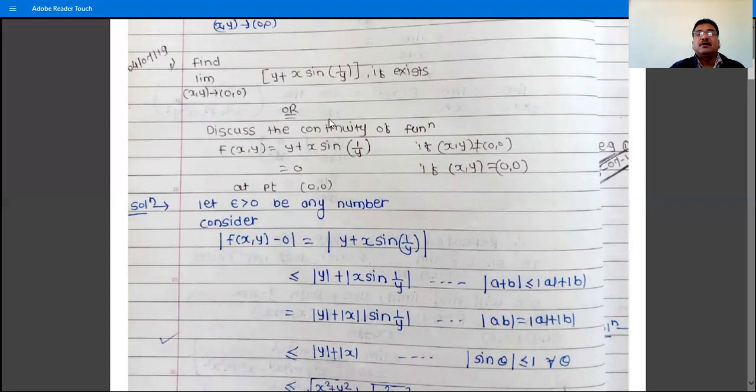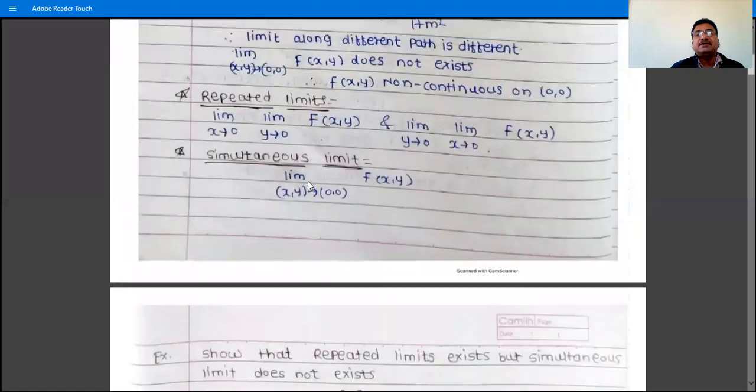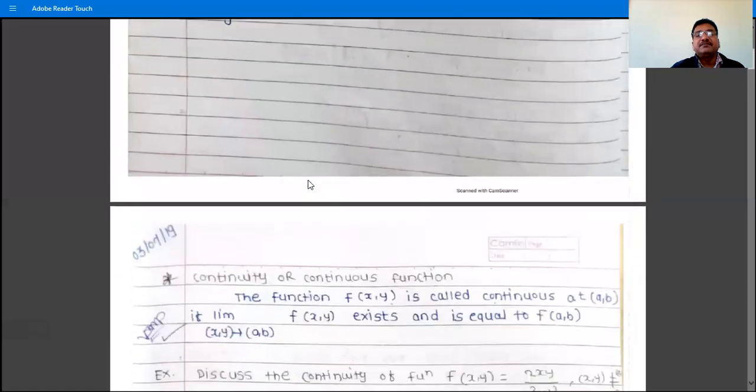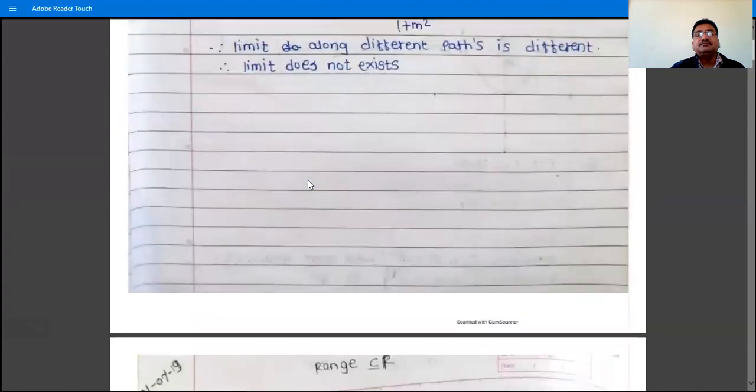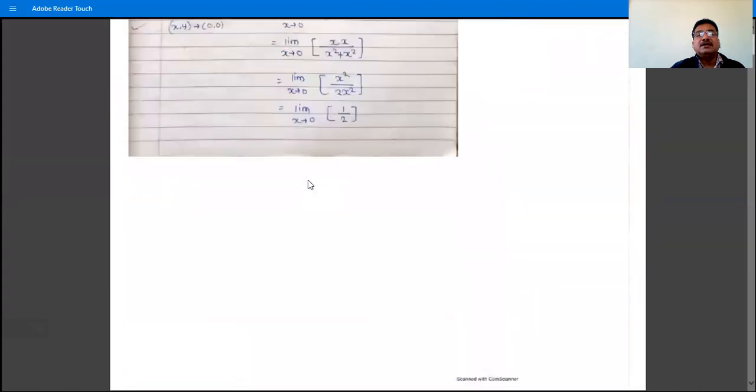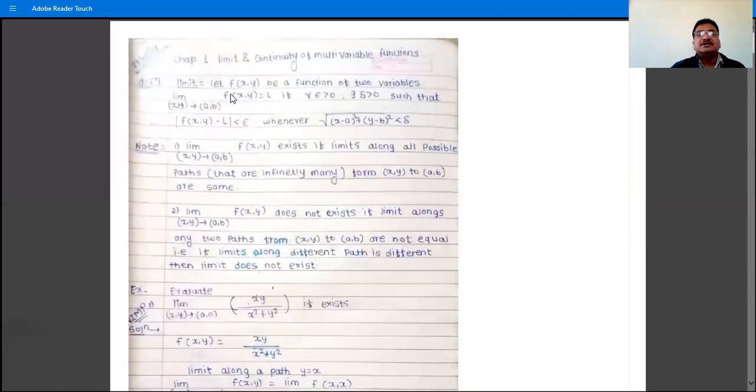So this is the problem where the limit exists, and now we have to solve this problem by using the epsilon delta definition. This is the definition of the simultaneous limit. What is the definition? The limit as (x,y) tends to (a,b) of f(x,y) is L if mod f(x,y) minus L, meaning the answer.